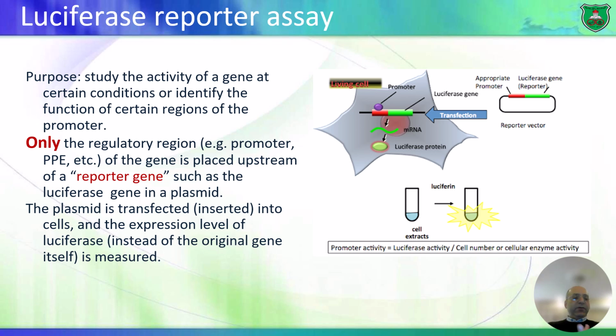So we place these cells in different conditions. In the presence of hormone versus absence, neurotransmitter, yes, no, stress, yes, no, and so on. And we measure the amount of light. And that gives us a signal, an idea of how this promoter is regulated at different conditions.